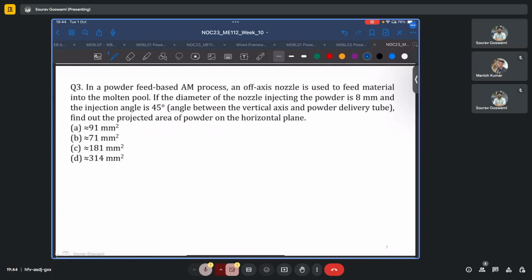For the next question, in a powder feed-based AM process, an off-axis nozzle is used to feed material into the molten pool. So the case which has been modeled in the class: if the diameter of the nozzle injecting the powder is 8 mm and the injection angle is 45 degrees, so we have values for theta, and dp is 8 mm.